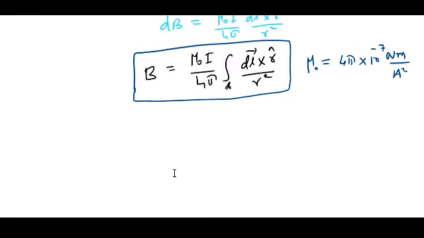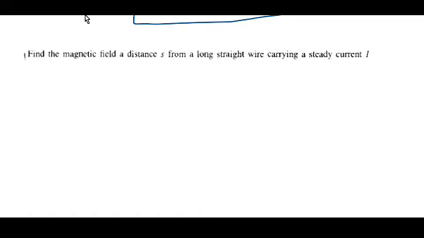Fine. Now let us do a problem in the Griffith textbook. Question is this one. That is, find the magnetic field at a distance s from a long straight wire carrying a steady current I. Fine. I will draw the picture here.